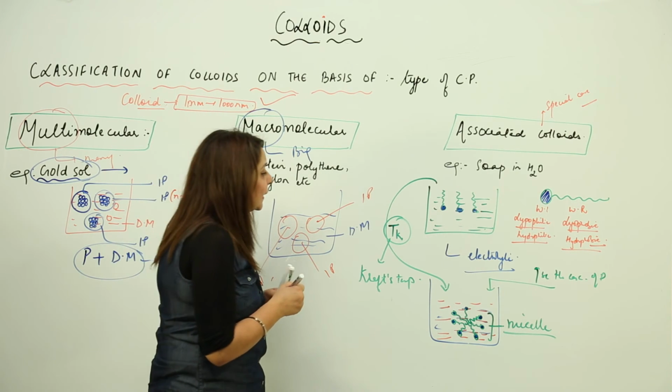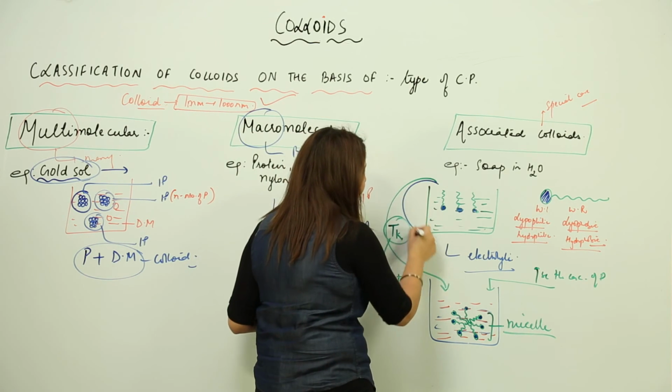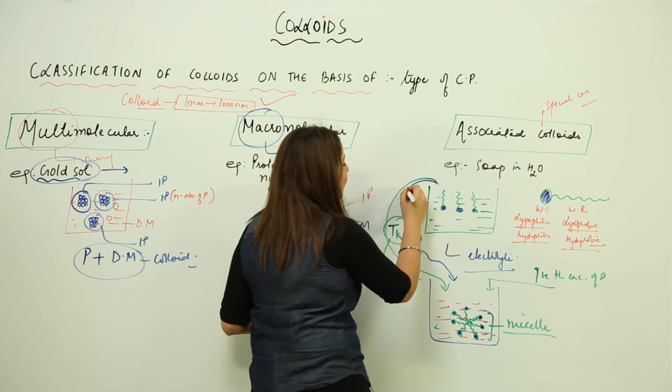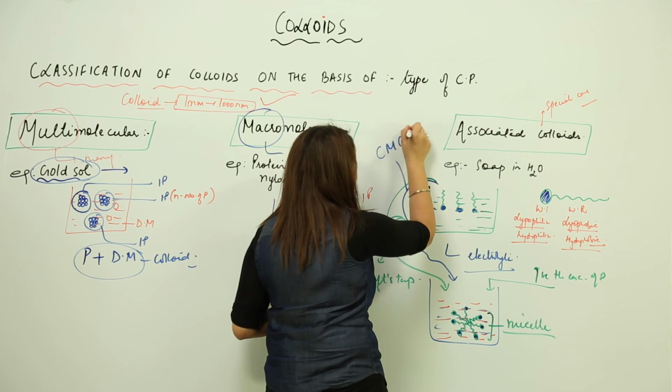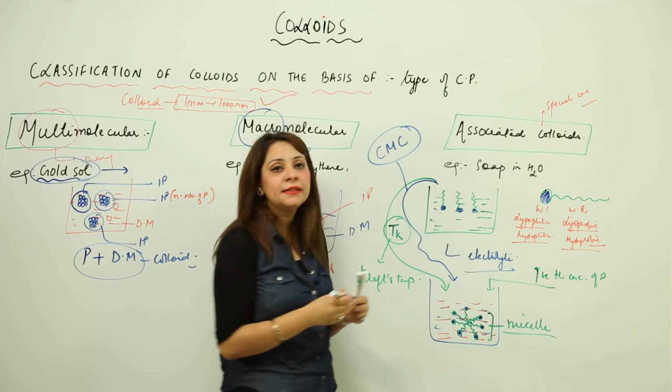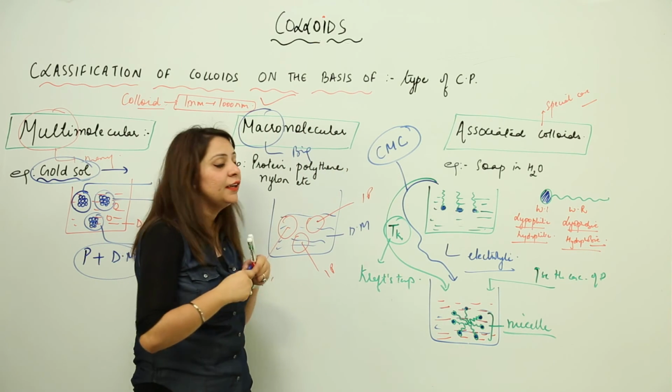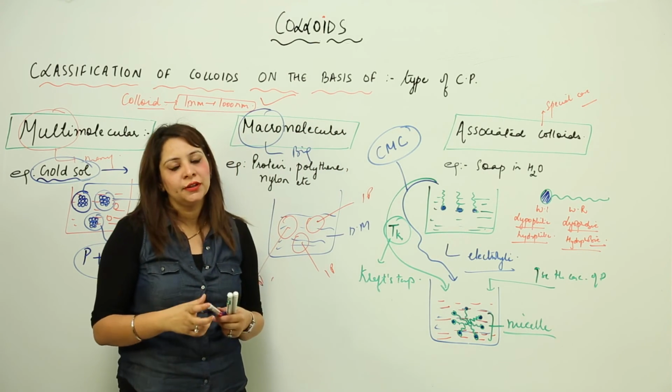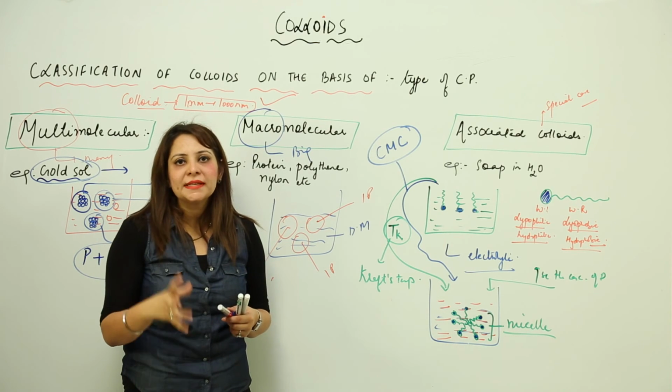And the concentration which is actually needed in order to convert into micelle is called CMC, that means the critical micelle concentration.